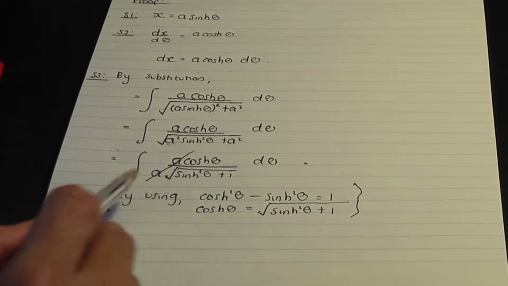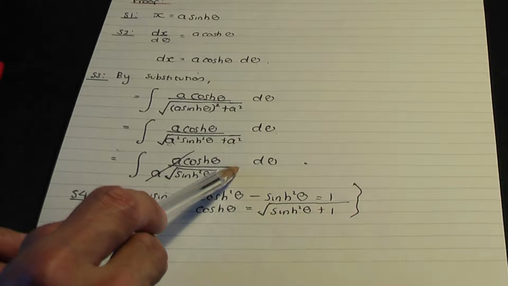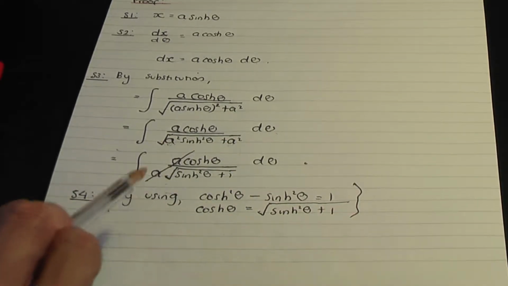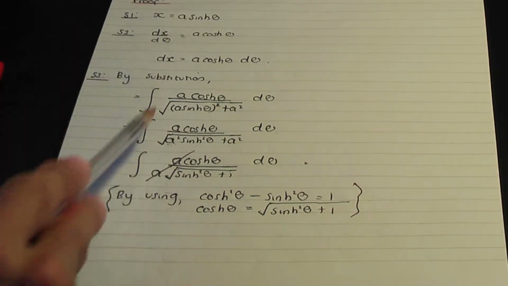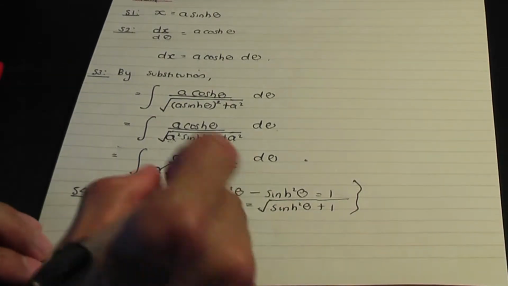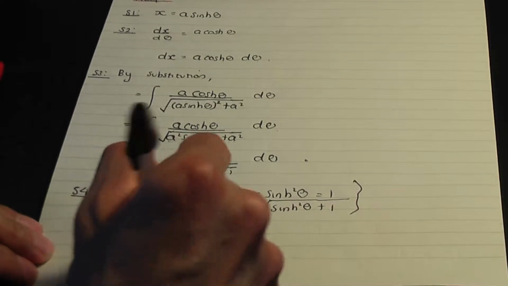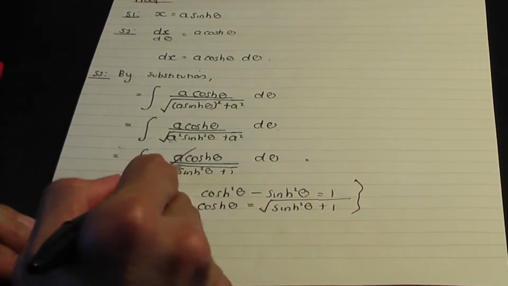Okay, so as I said before, 10 times out of 10 you'll be using an identity to simplify your integral. And we also do this if we're integrating using a trigonometric substitution. Okay, so if I do the replacement here, I'm going to have the integration of hyperbolic cos theta on top.